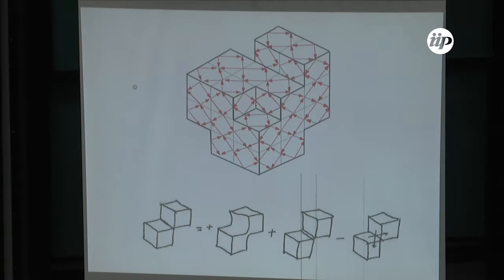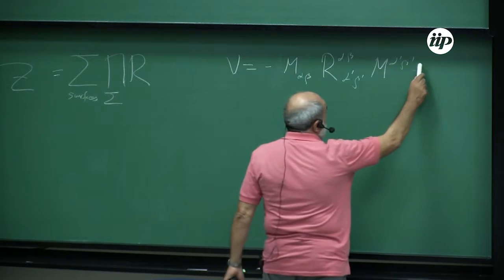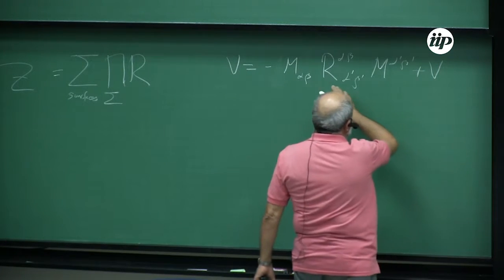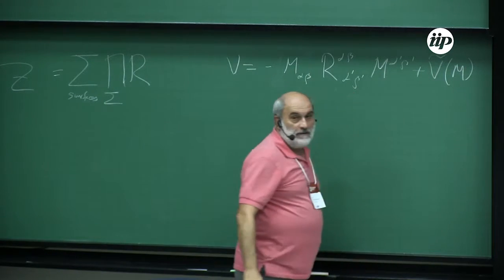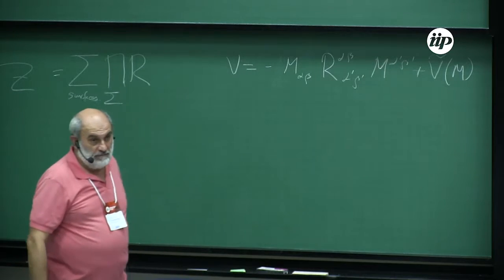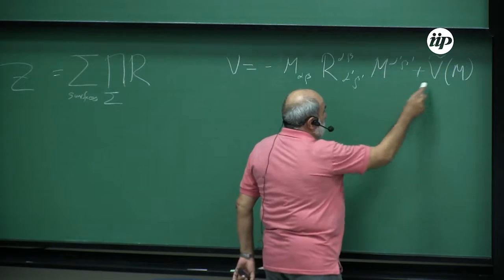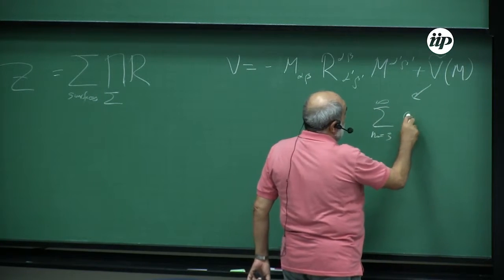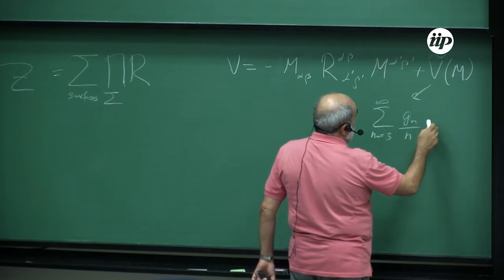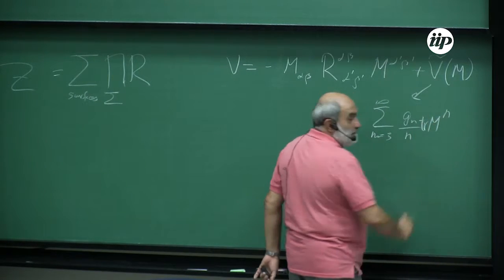I'm considering Hermitian matrices, therefore I'm dropping the notion of Hermitian conjugate. So plus some other potential which doesn't contain quadratic terms, starting from the cubic term of the matrices. Say M cubed with some coefficient. Say the sum for n from 3 to infinity of G_n over n times trace M to the power of n.